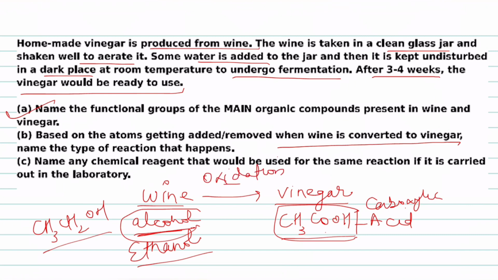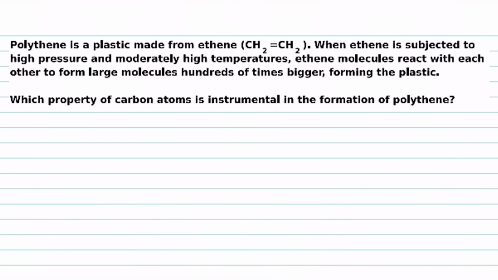And since it's oxidation, any other chemical reagent that would be used for the same reaction, we know that there are two very commonly used oxidizing agents: alkaline KMnO4 and acidified K2Cr2O7. Okay, all right, moving on to the next question.